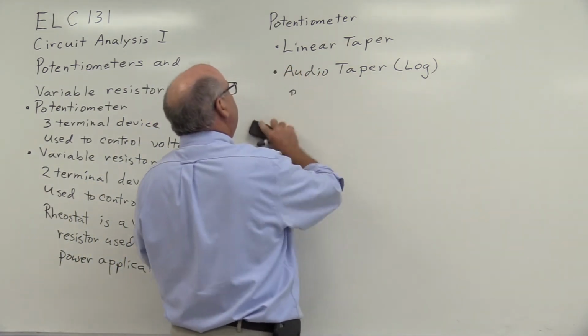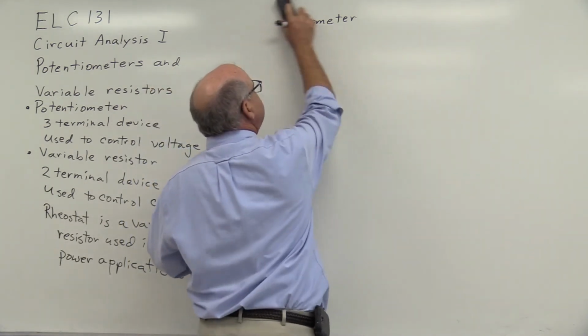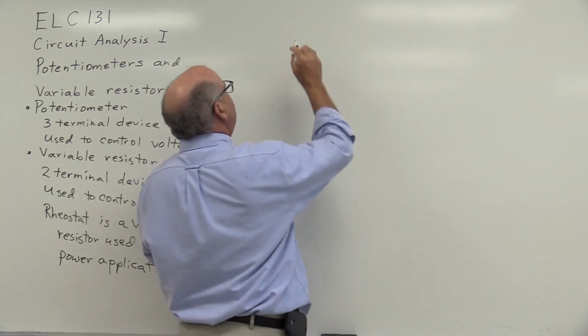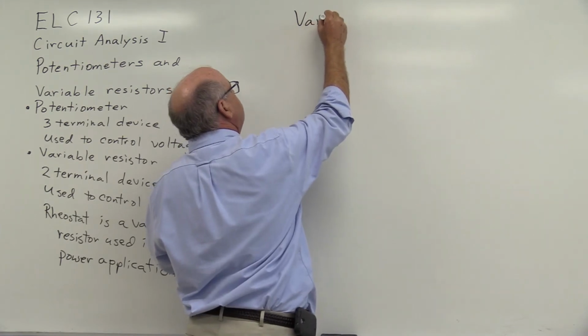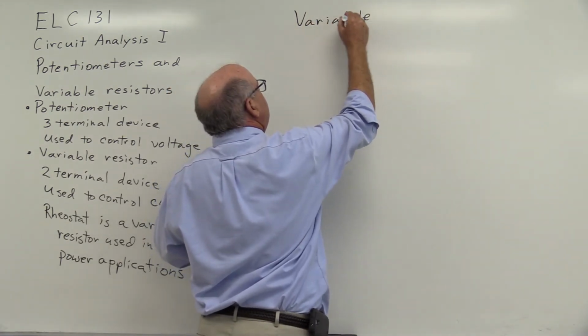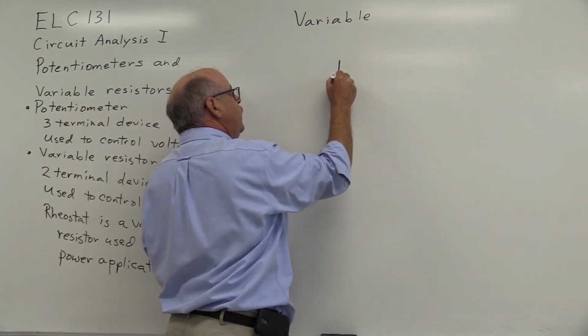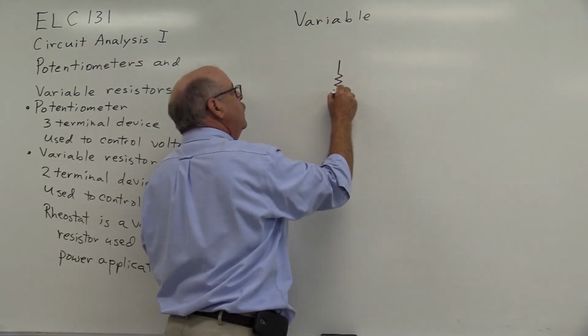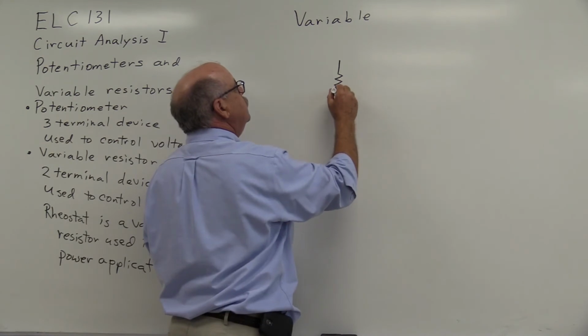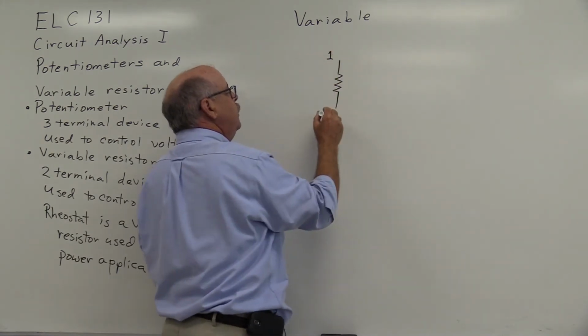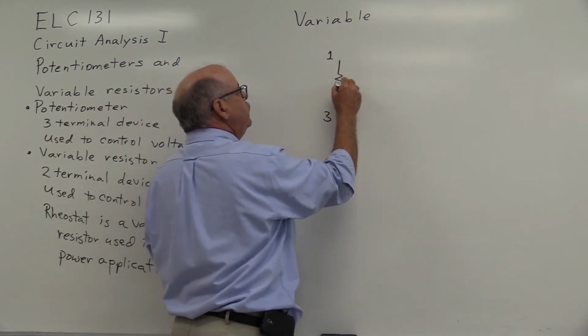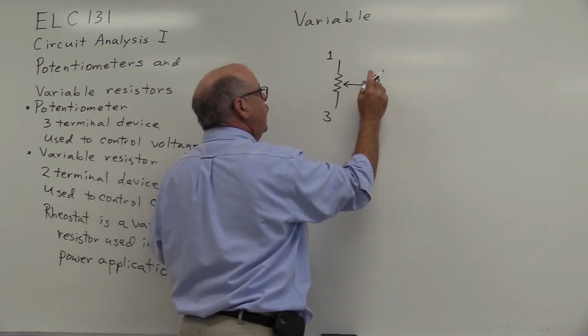Now, a rheostat, or a variable resistor, is accomplished by simply using two of the three terminals of the potentiometer.